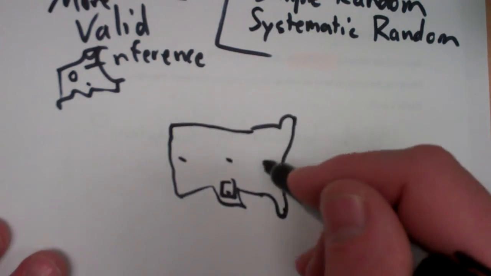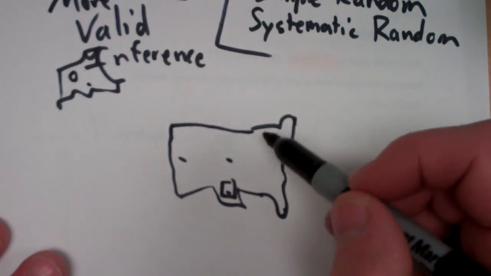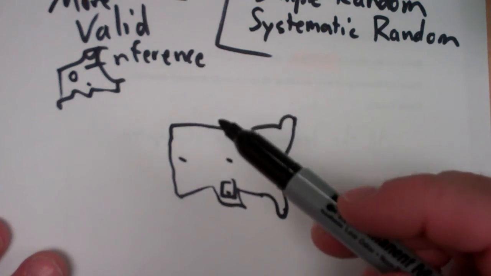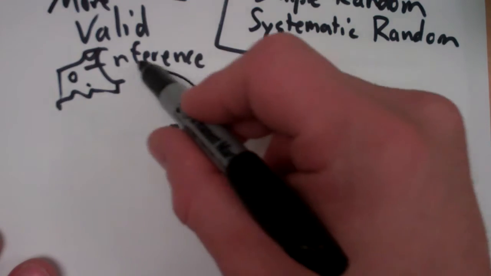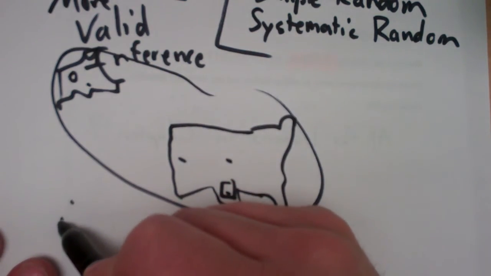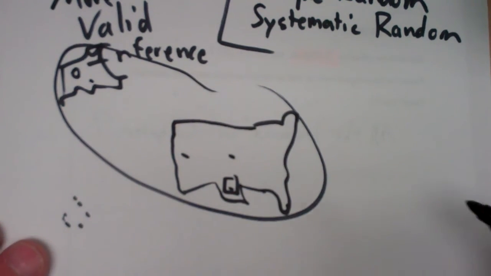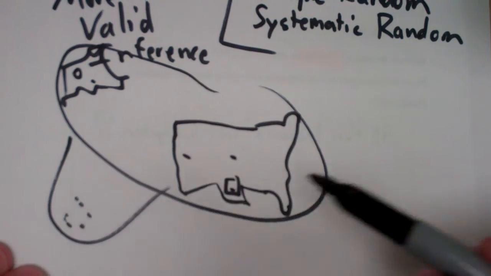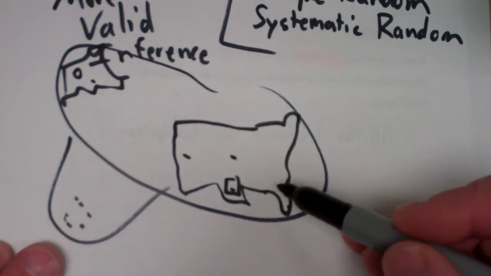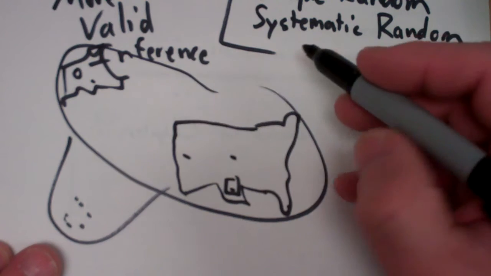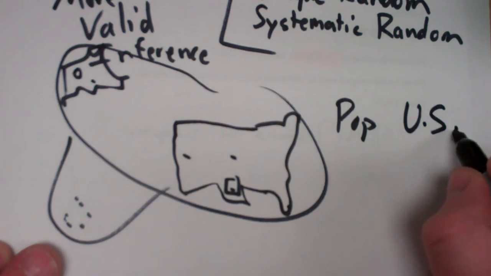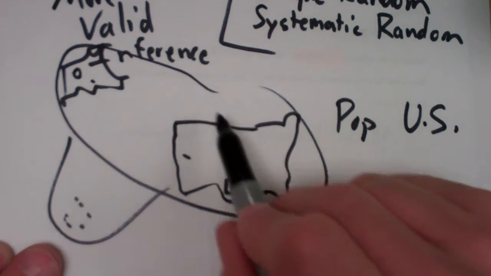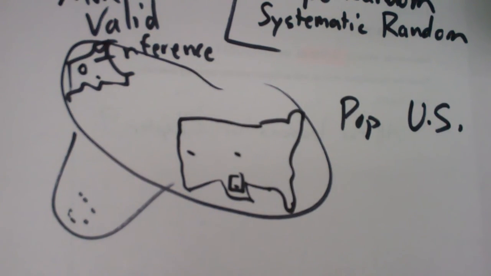Doesn't mean that you have to have somebody from every state, but shouldn't everybody have a chance at this if we're going to make an inference about all of the United States? And I didn't even include Hawaii down here. There's Hawaii. But shouldn't all of these people have the same probability of being chosen if we're going to talk about the population, not being Alaska, the population being the United States? Then all of the people in the United States should have that same probability of being chosen.